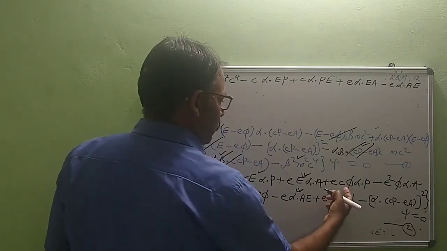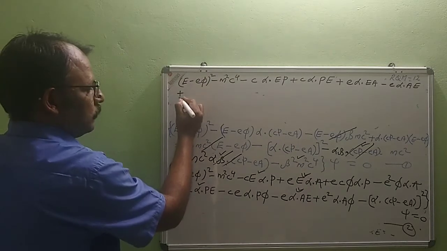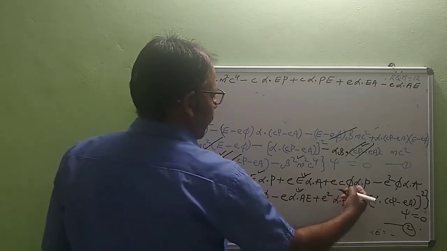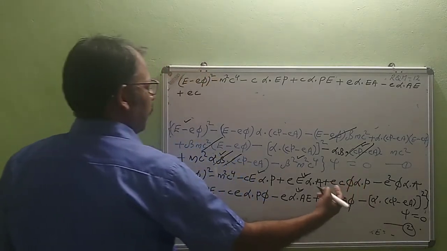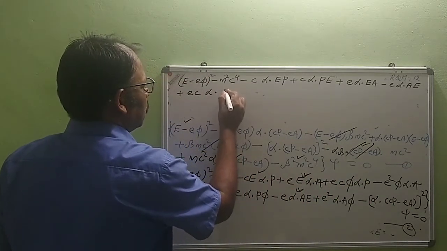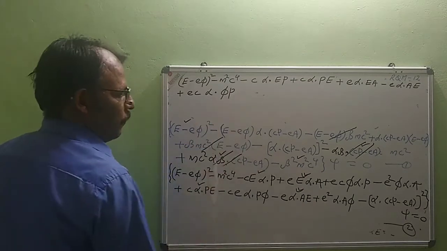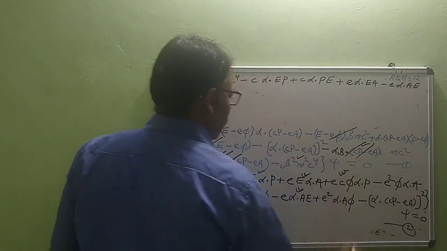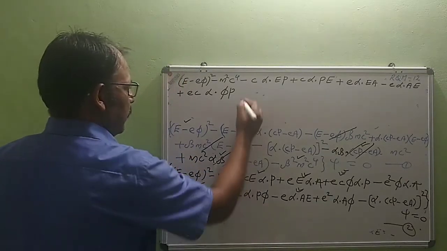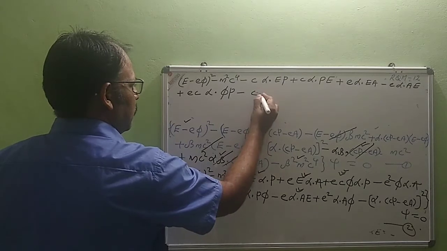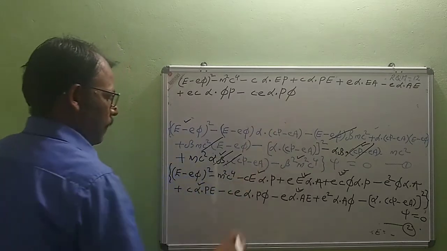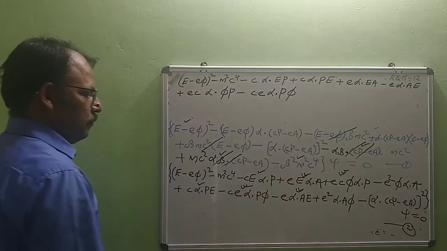Now this one, plus EC φ alpha commutes with φ, so we can write it as alpha dot φP. Identical term: minus CE alpha dot P φ.